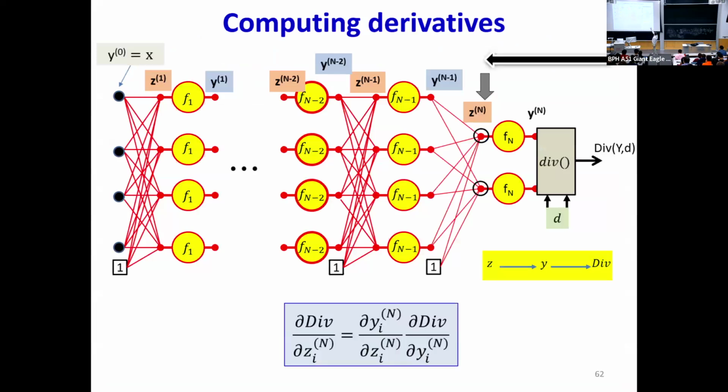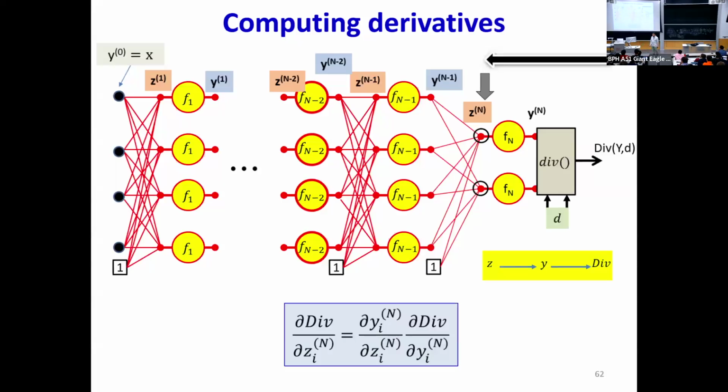I have the derivative of the divergence with respect to the output of the network, y. I must push it back and compute the derivative with respect to all the affine terms z. And so that's straightforward. The derivative of the divergence with respect to z is the derivative of the divergence with respect to y times the derivative of y with respect to z, right?